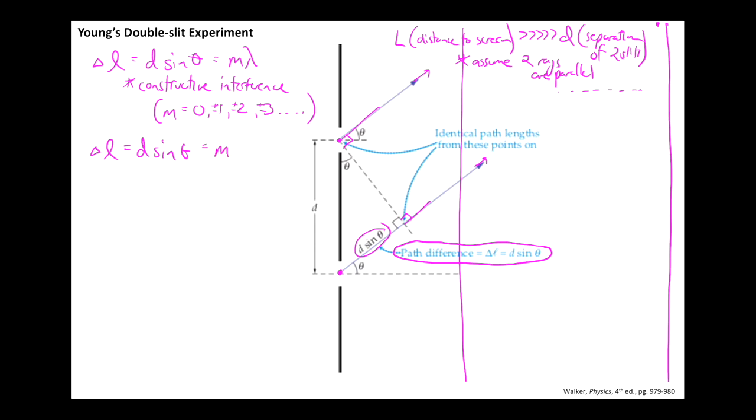Is equal to m plus or minus a half times lambda, we're going to get destructive interference. And this time m is just equal to 1, 2, 3, and so forth.